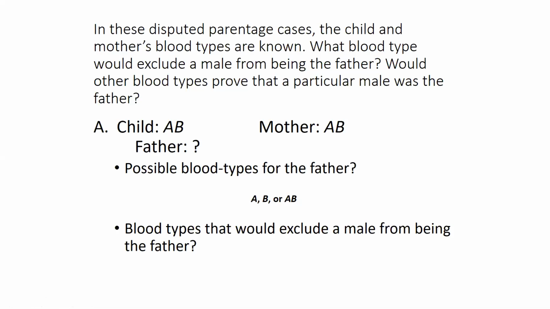Yes. Okay. So blood types that would exclude a male from being this child's father. What do you guys think? O. Yep. So if you had a child and both parents are O, don't expect an A, that's not happening, because O is always recessive to these guys.